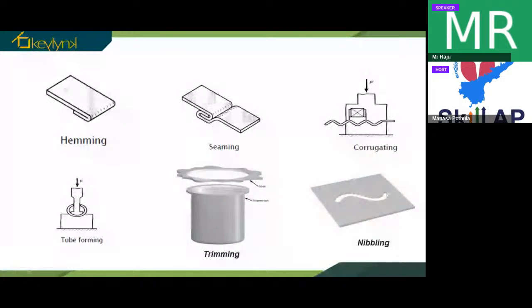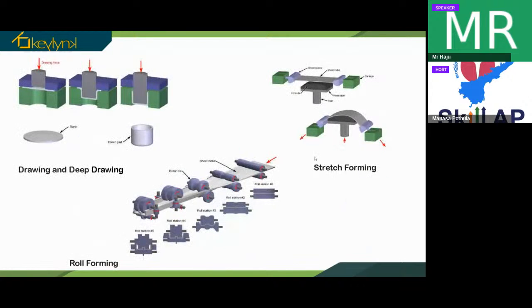So here what we do is we constantly, with equal space intervals, cut the sheet metal, or pierce through the sheet metal in a straight manner, so that we can get a structure like this, a better looking structure like this.